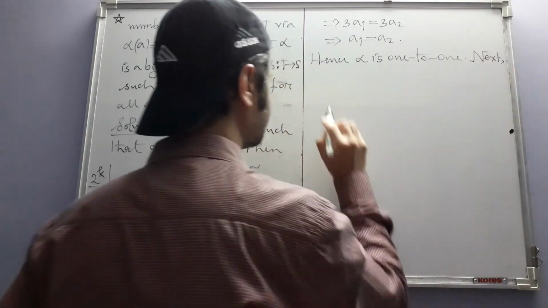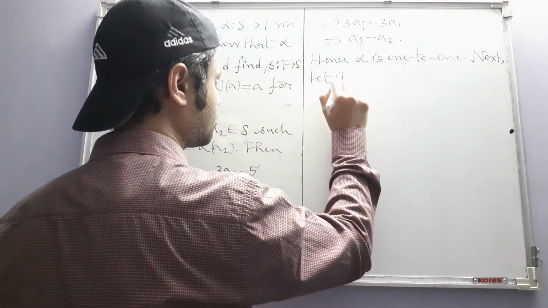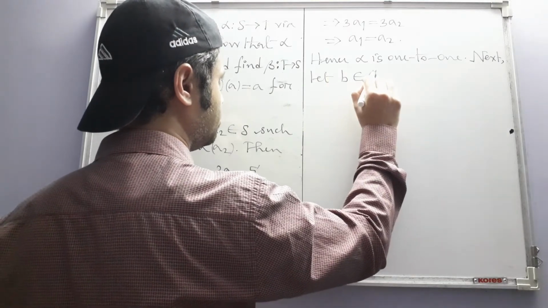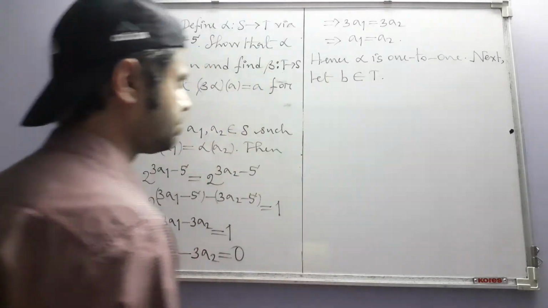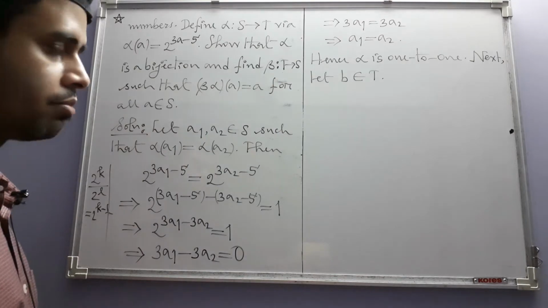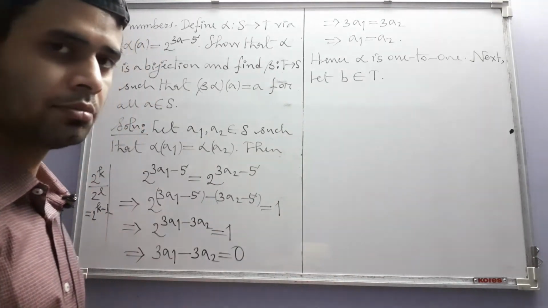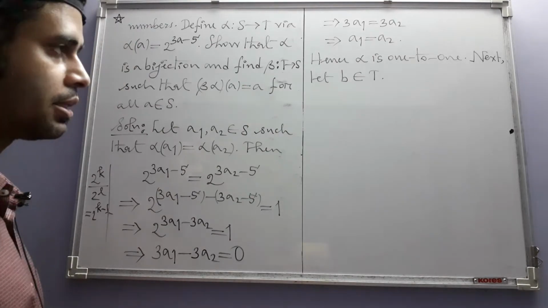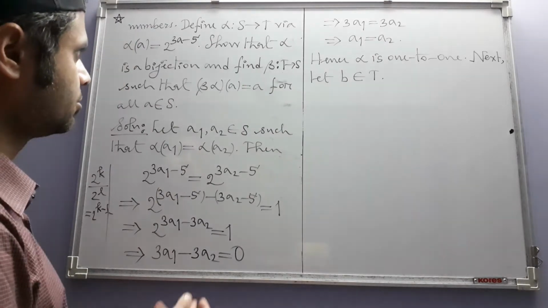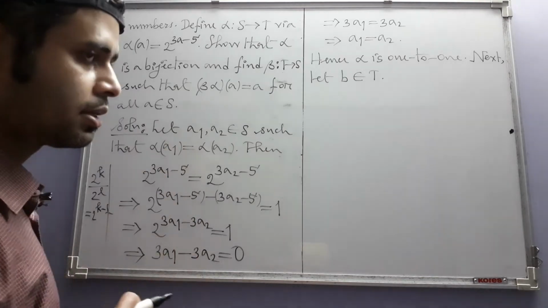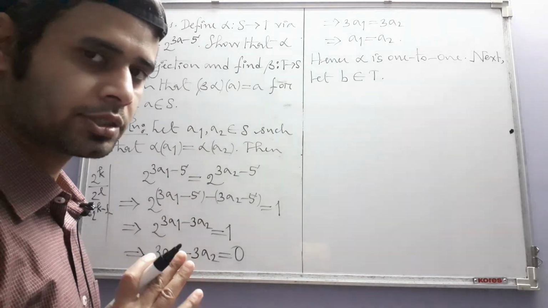Next, let B belong to T. Keep in mind that now we are not having any real number B. We have a positive real number B, because according to the exercise, T is the set of all positive real numbers.